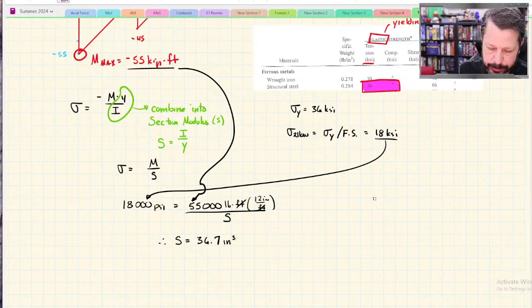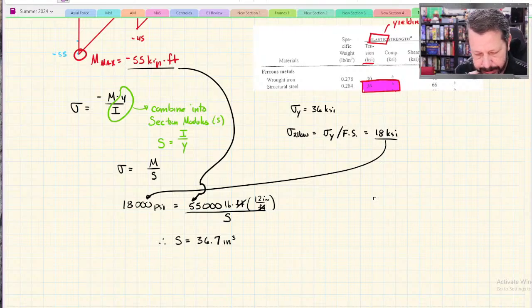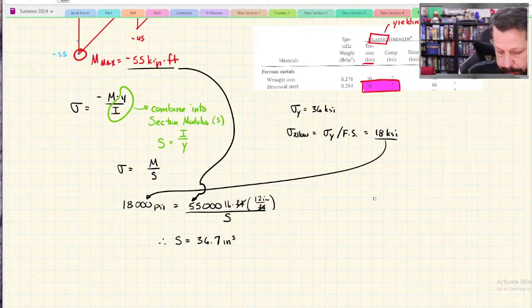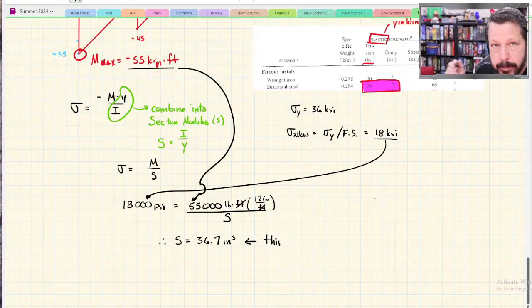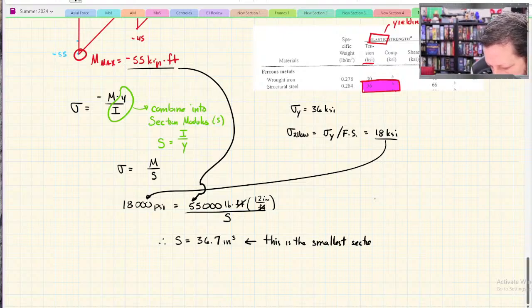I've got 1 inch on the right hand side, 2 on the left hand, so inches cubed. So what do I do with this number? This section modulus, S, is the smallest section modulus that fits our criteria.